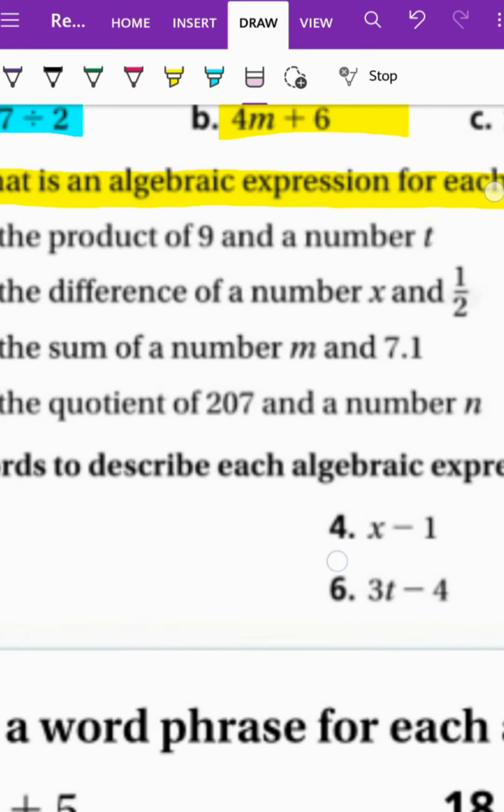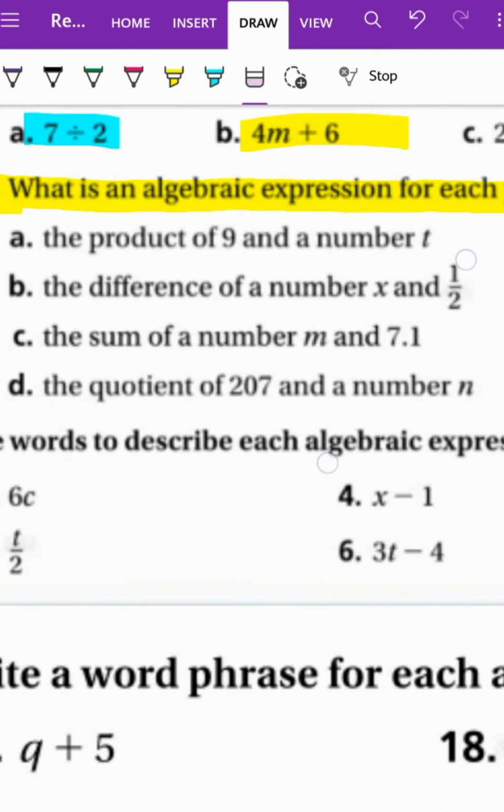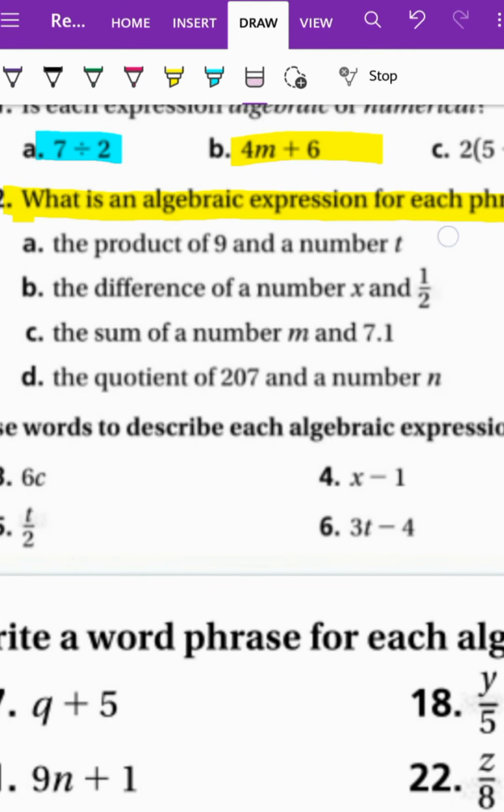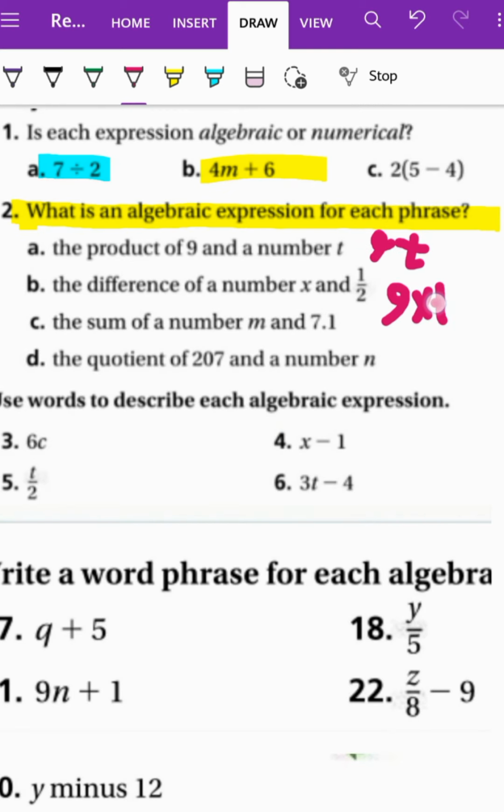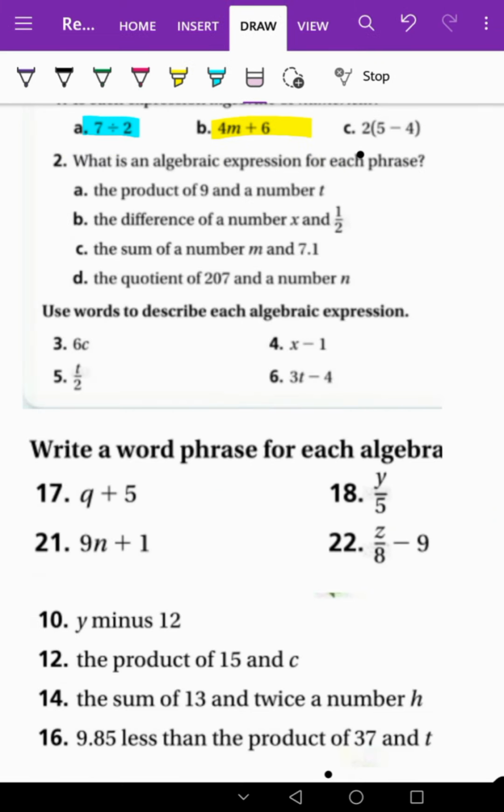It is 9 and t, so it is 9t. We can write it 9t, or 9 multiplied by t, or 9 dot t. Yes, Ayman.